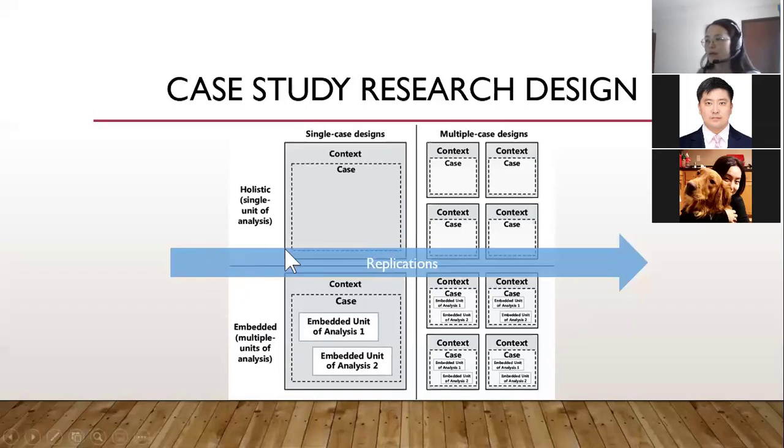So I use the blue arrow here to say from left to right, it's replications. If you are from science departments, you probably already are very familiar with this idea when you do experiments. For instance, if you are doing an experiment, usually you don't do a similar experiment at the same time, right?